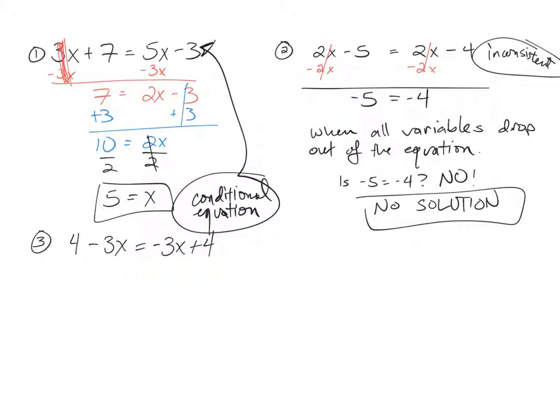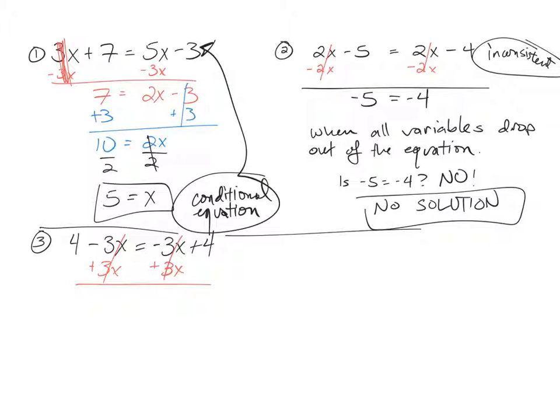For the last example down here, we have something that'll be very similar to example 2. We have -4 - 3x = -3x + 4. So the first thing, again, that we need to do is make sure we move all of the variables to one side of the equation.